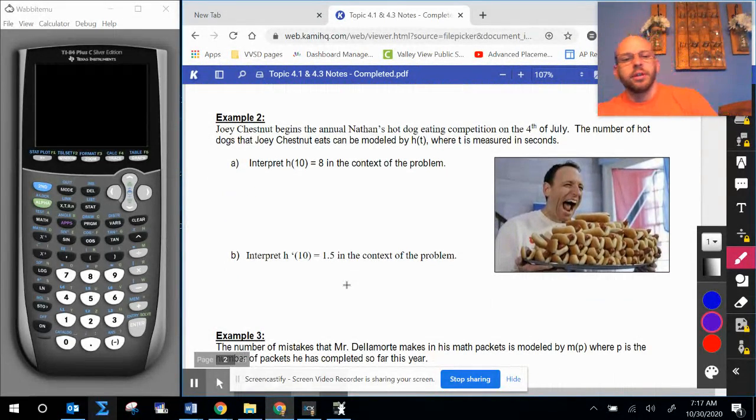Okay, so let's do another one. Joey Chestnut begins the annual Nathan's hot dog eating competition on July 4th. The number of hot dogs that Joey Chestnut eats can be modeled by h of t, where t is measured in seconds.